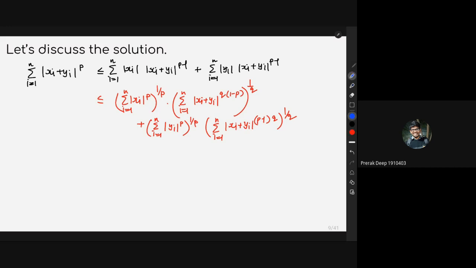Now here are some facts. q times (1 minus p) is equal to, let me write it in this way, this is equal to 1, and p plus q divided by pq in particular, and this is what we get from here. So p is equal to q minus q.